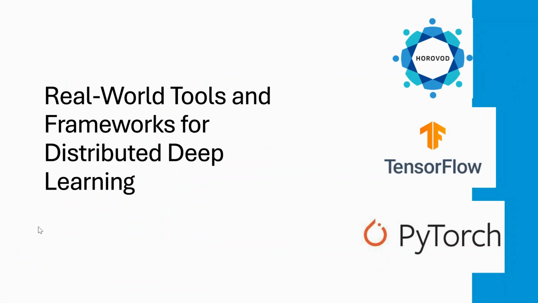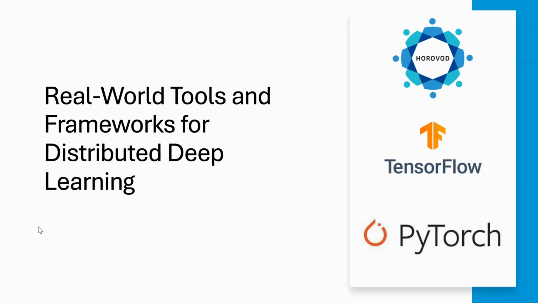Similarly, PyTorch utilizes DDP, distributed data parallelism, in which we take the dataset and divide it, and PyTorch gives us functions by which we can easily execute that data on multiple machines.